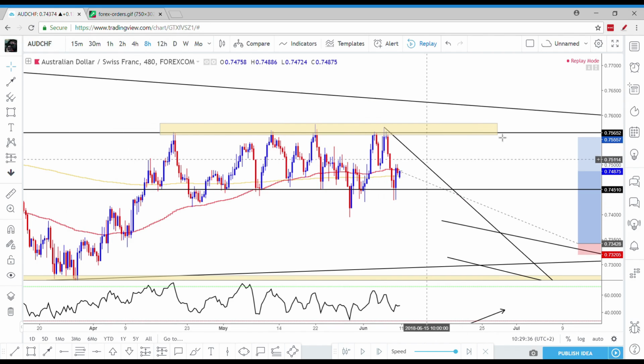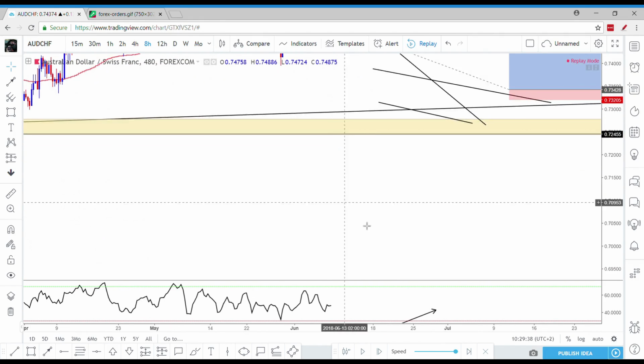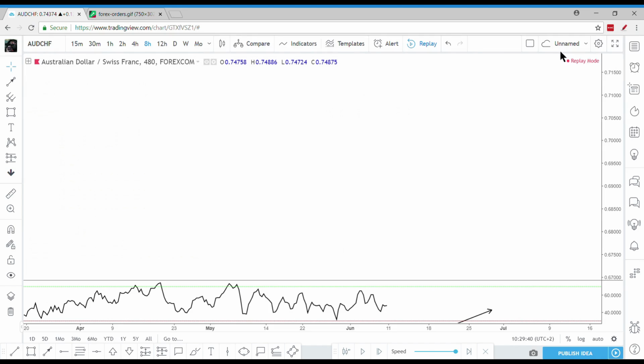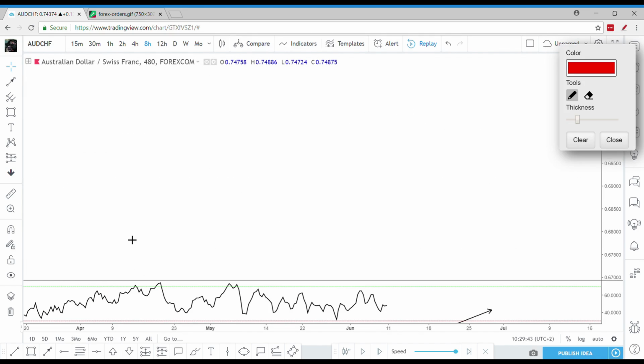Same with the breakout. Say you've got a trade going like this, then you've got a nice head and shoulders like that.